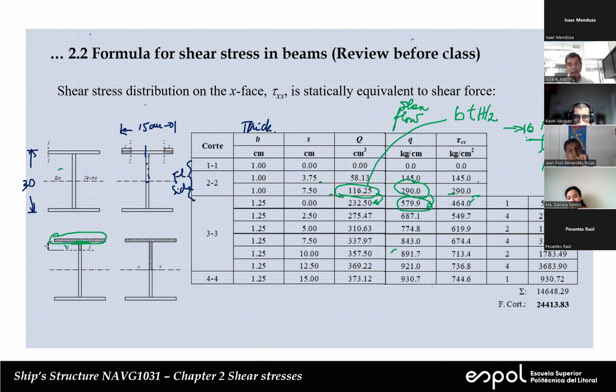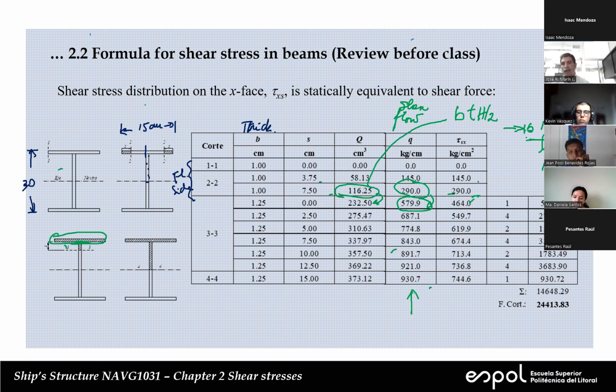Usually, what you will see very often is that instead of a shear stress, you plot shear flow. Why? Because it's easier to check, because you have to satisfy this continuity condition. And then you divide this column, little q, by B to calculate the shear stress.